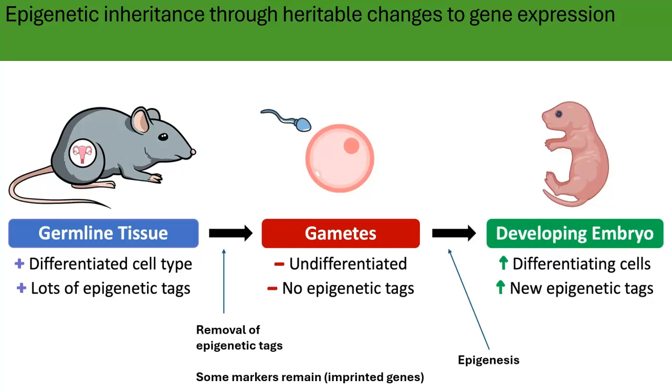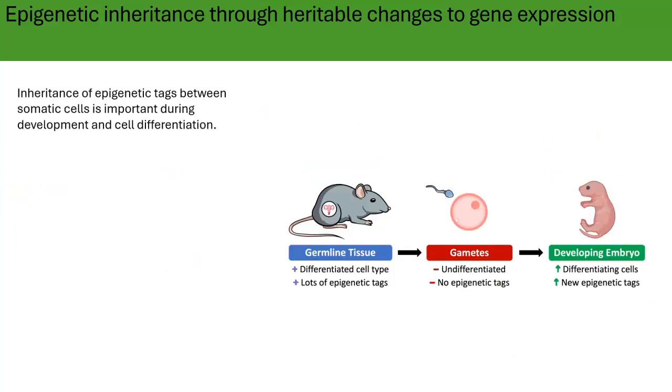However, when this happens, sometimes some epigenetic markers remain, and we get what we call imprinted genes. So this is what we should write down: we have inheritance of epigenetic tags between somatic cells. That's important for your development and differentiation of cells. It's part of the epigenesis.